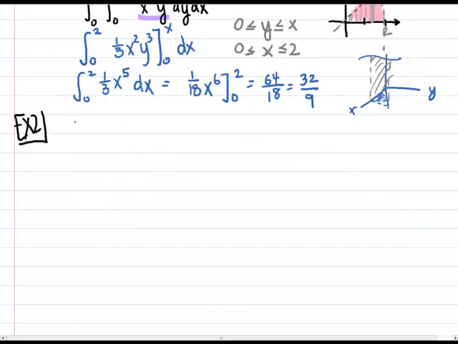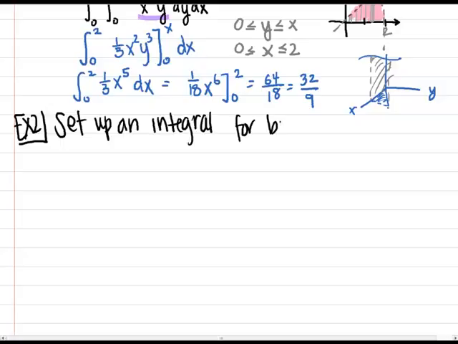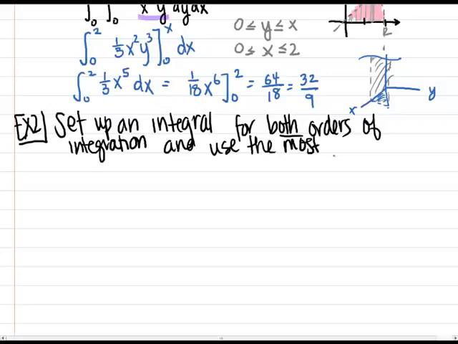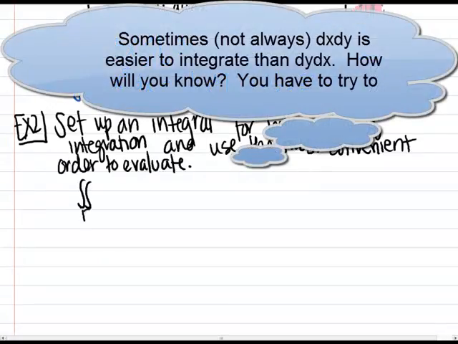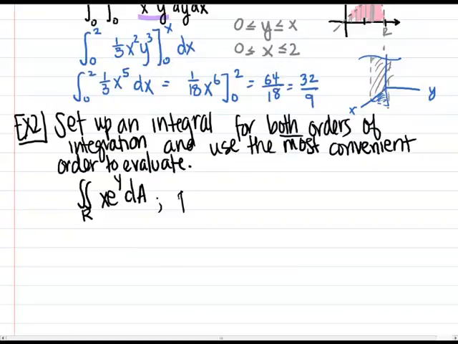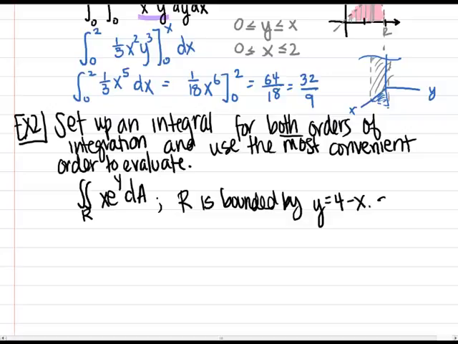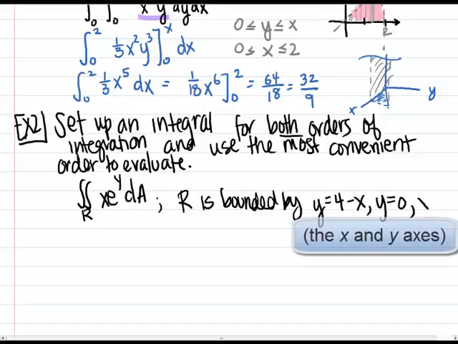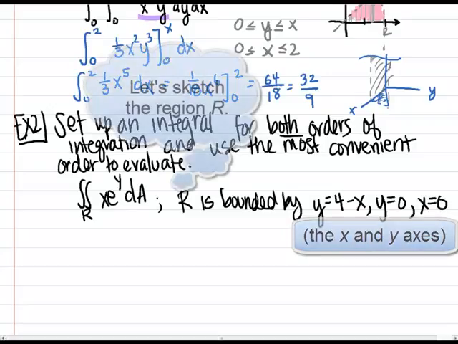So another example. Let's set up an integral for both orders of integration and use the most convenient one to evaluate. So here we have some region R, and our function is x e to the y. And I'm going to tell you R is bounded by y equals 4 minus x, y equals 0, and x equals 0.